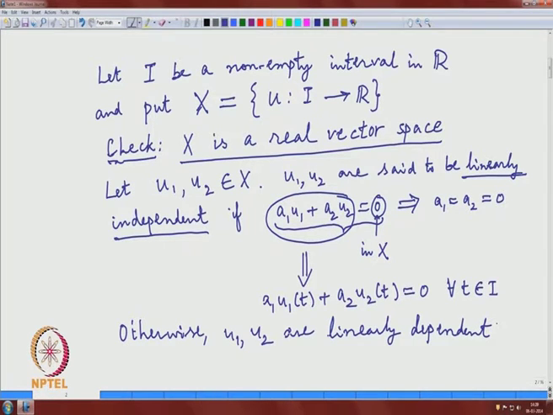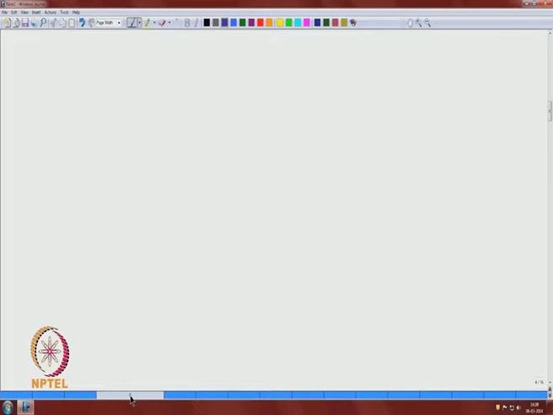Okay. So, now we are going to get some sufficient conditions on u1 and u2 for them to be linearly independent. That is the next thing.